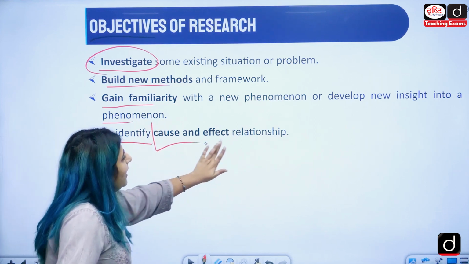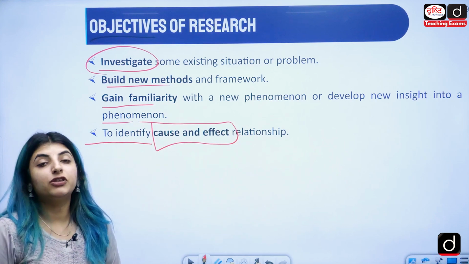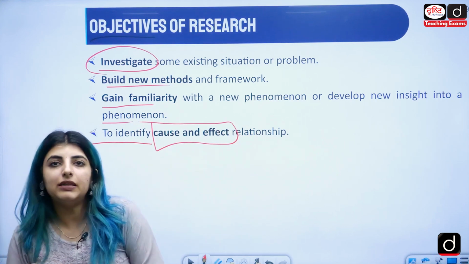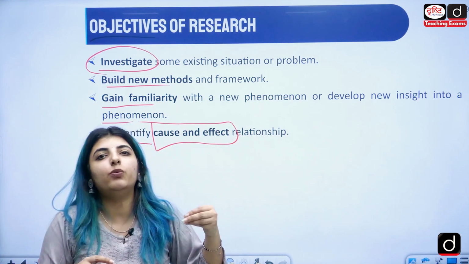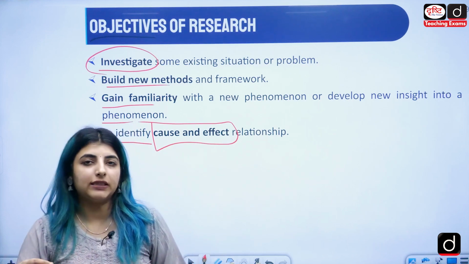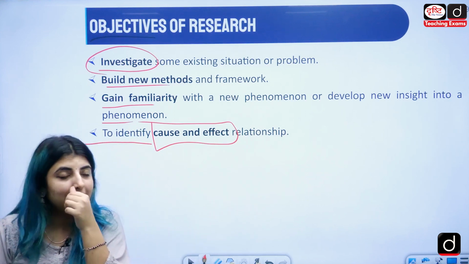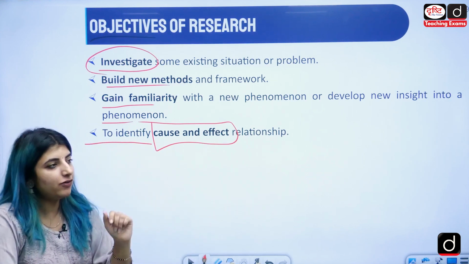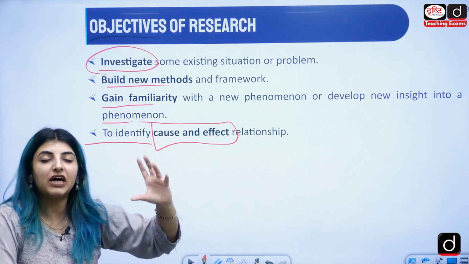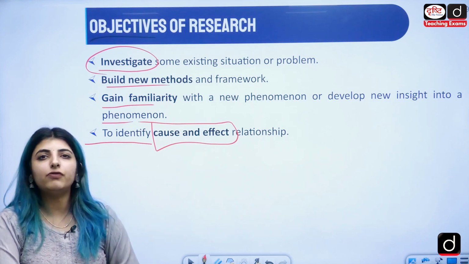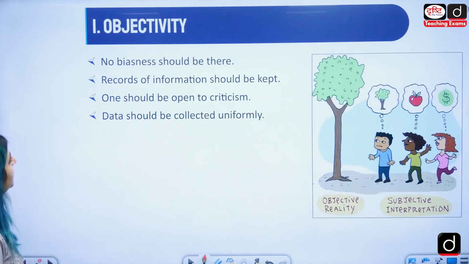To identify the cause and effect relationship, because you want to know what caused the particular thing to happen the way it did. How COVID spread so fast in different parts of the world, right? So all those things.